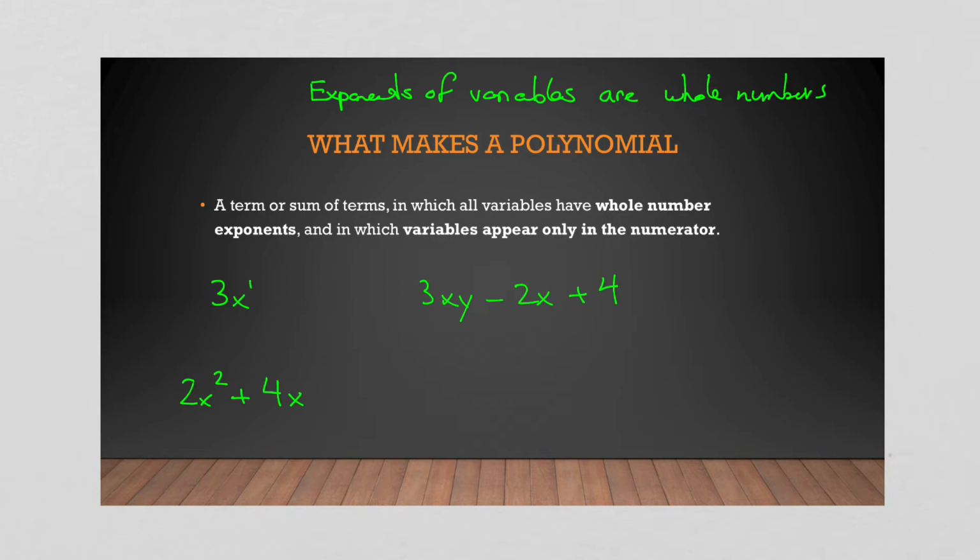Here are the exponents of 1, here are the exponents of 2 and a 1, here the exponents are 1s, so we're all fine. Where you're not fine is if you have an exponent like this, 3x to the negative 2. That's not allowed, because if we remember our exponent laws, that actually becomes 3 over x to the 2, right? It goes down to the denominator. And that's why this says they appear only in the numerator. So more straightforward, you need to have positive non-fraction exponents.